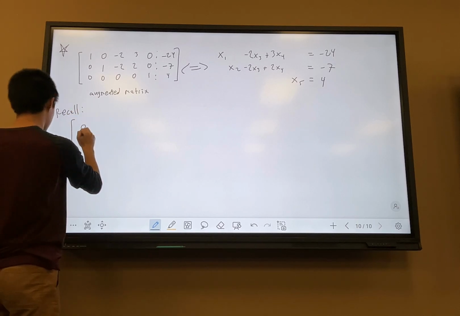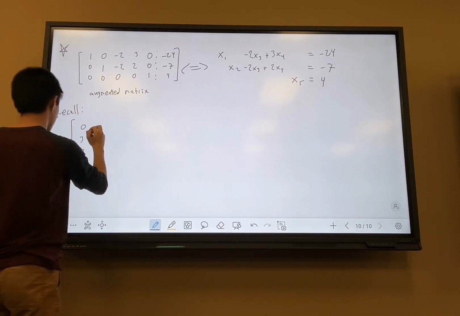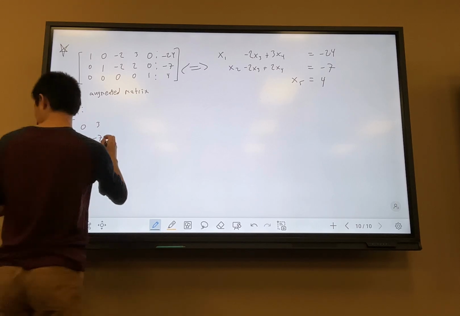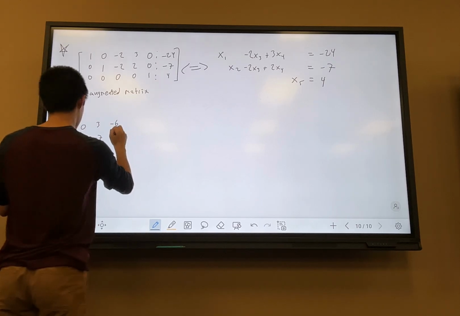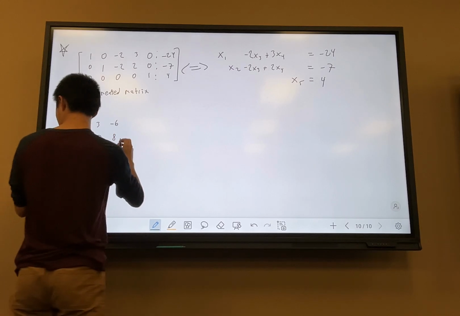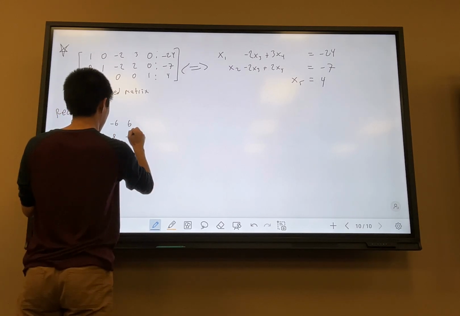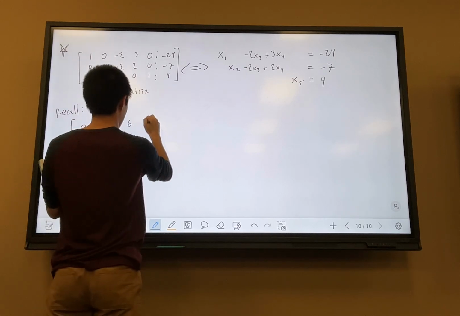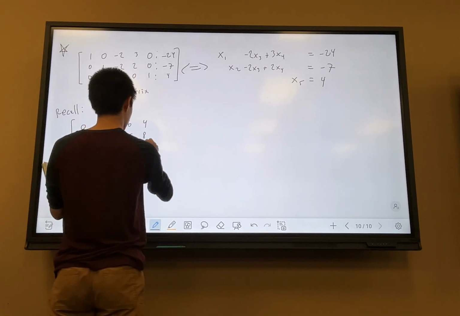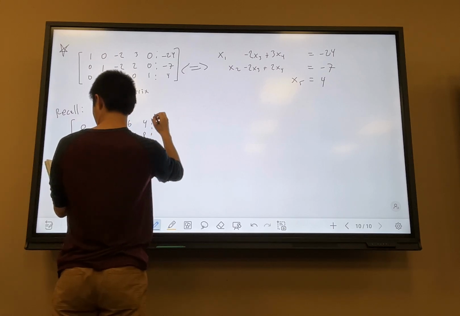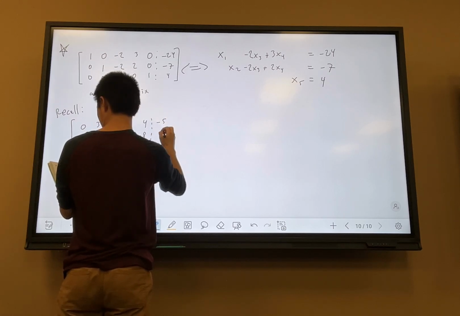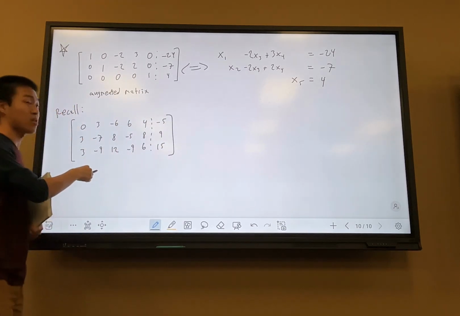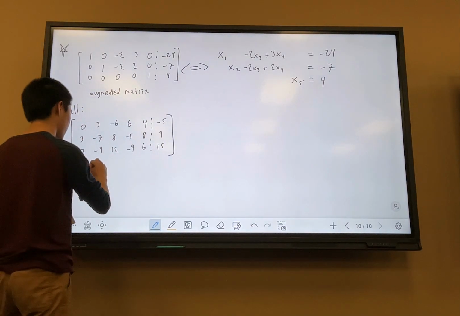We had 0, 3, minus 6, 6, 4, minus 5; 3, minus 7, 8, minus 5, 8, 9; 3, minus 9, 12, minus 9, 6, 15. Okay, so this is what we started with. This augmented matrix.